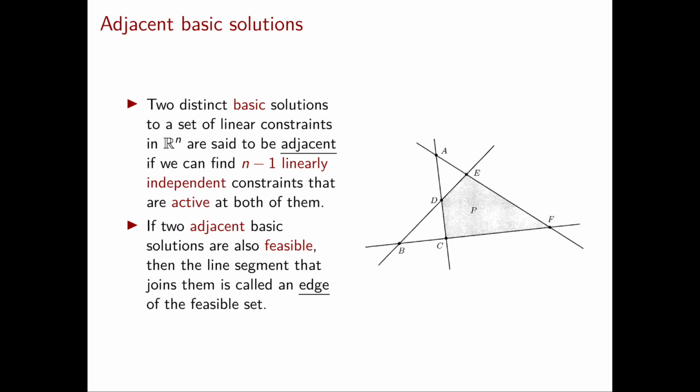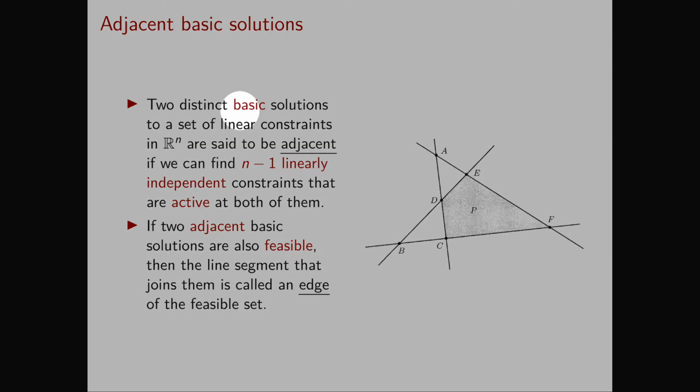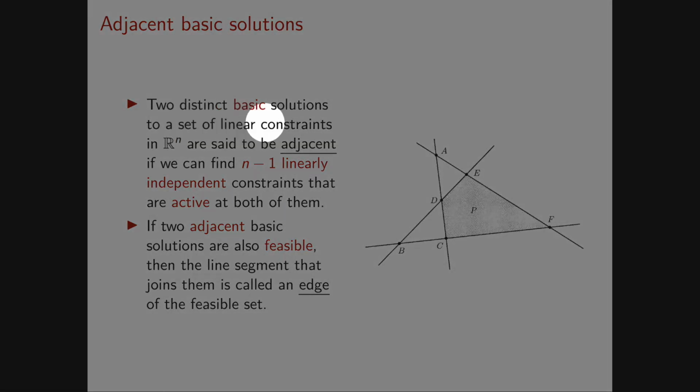So let's see the definition. Two basic solutions to a set of linear constraints in R^n are said to be adjacent if we can find n-1 linearly independent constraints that are active at both of them. In our example, n is 2, so this number becomes 1.